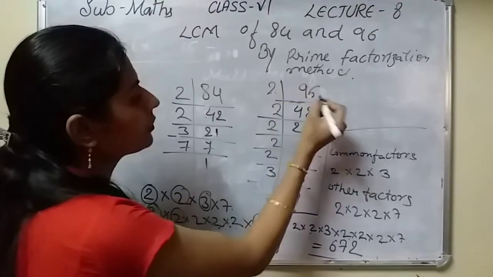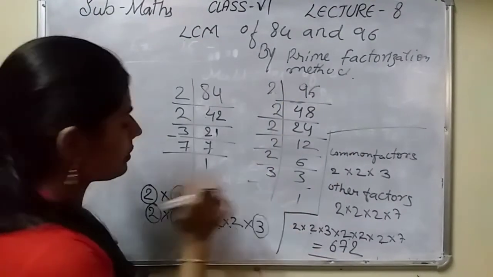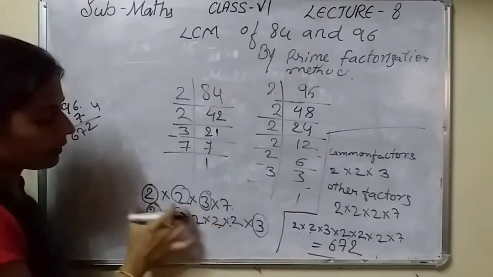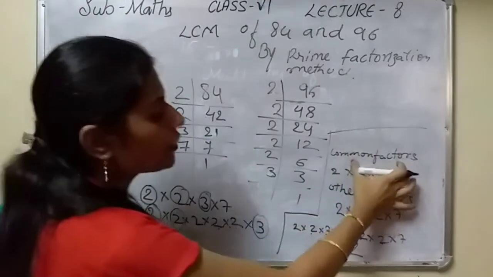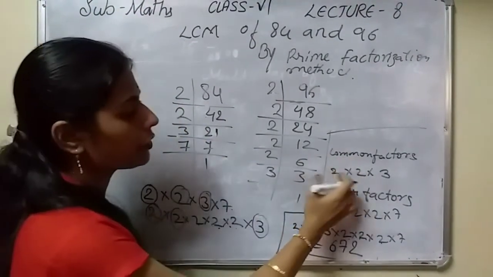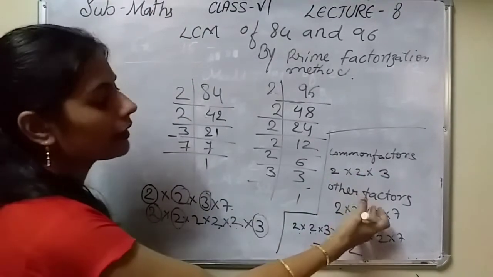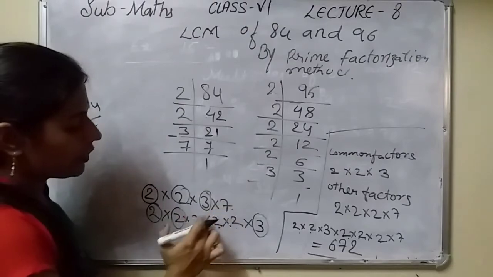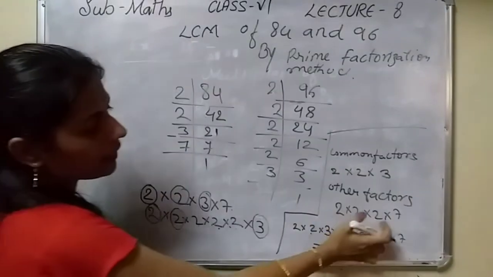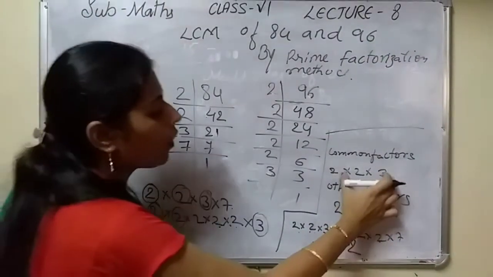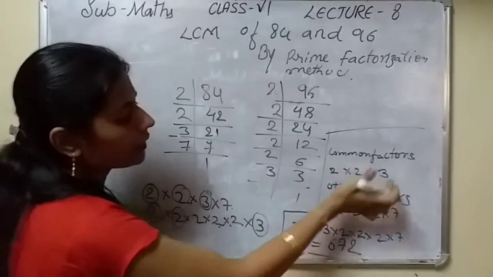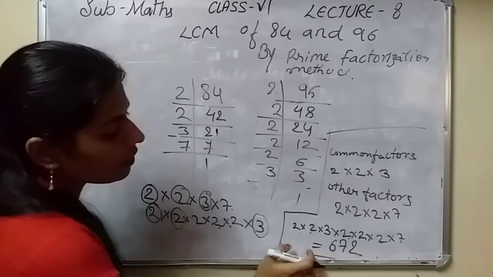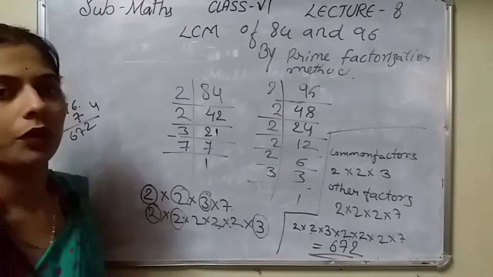Then write the common factors here. First note down the common factors 2 into 2 into 3. Then the other remaining factors rather than common factors, that is 7 into 2 into 2 into 2, that we have written here. Now multiply the whole factors, 2 into 2 into 3 into 2 into 2 into 2 into 7, that is, you got here 672. Okay.